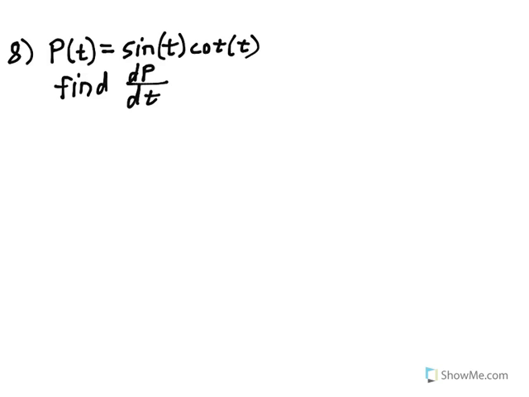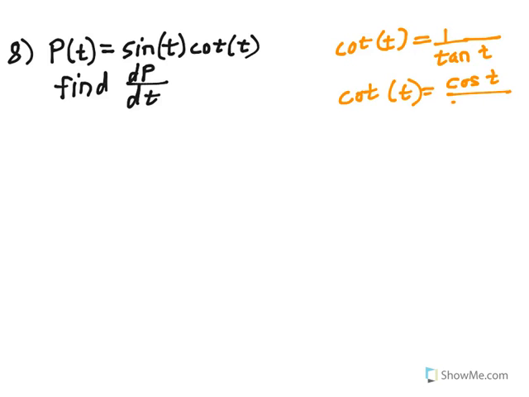Hopefully you remember from your trig functions of Algebra 2 or precalculus, whatever you saw more in, that the cotangent of t is equal to 1 over the tangent of t. And so that means that the cotangent of t is equal to the cosine of t divided by the sine of t.